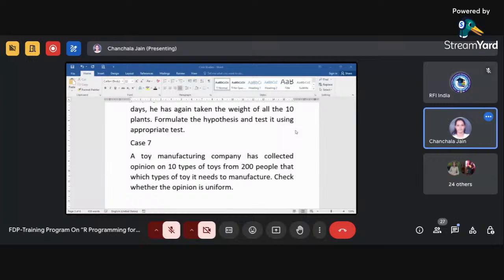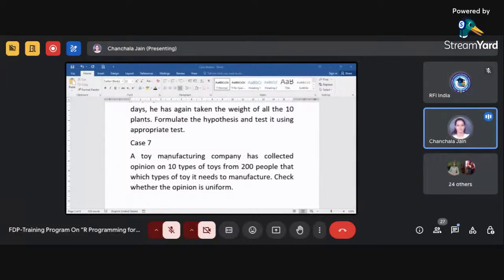Okay. I'll discuss my opinion. I think some people are a little confused. Fine. Shreya ma'am and Tanya ma'am both are correct. It is a case of chi-square and not a normality test. You need to understand. It is written that a toy manufacturing company has collected opinion on 10 types of toys from 200 people, on which types of toy it needs to manufacture.